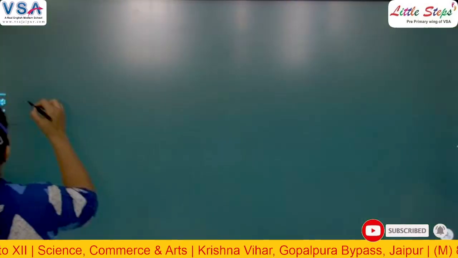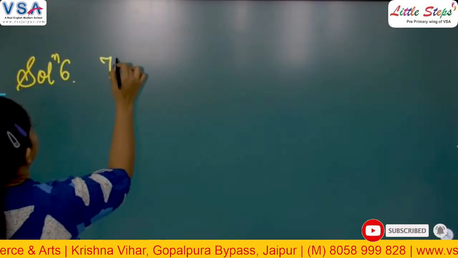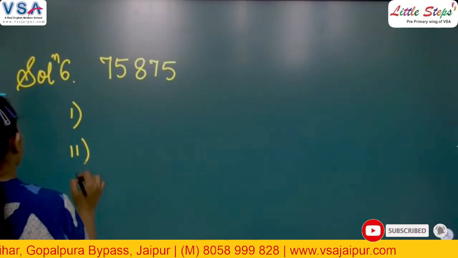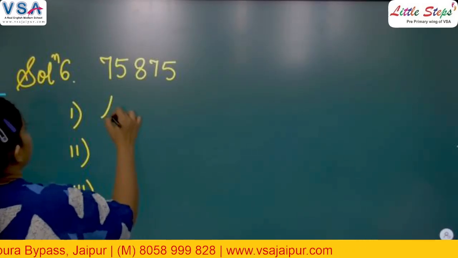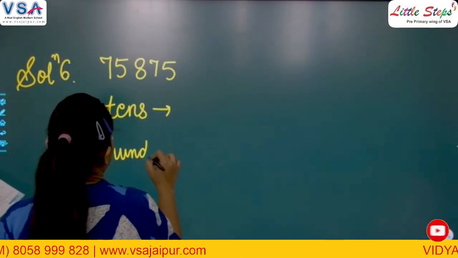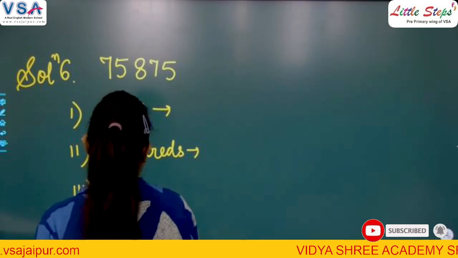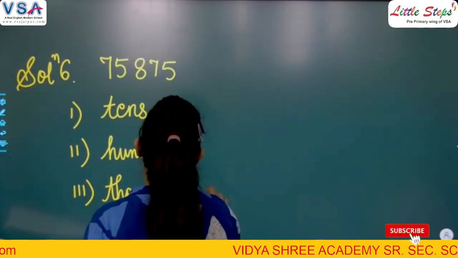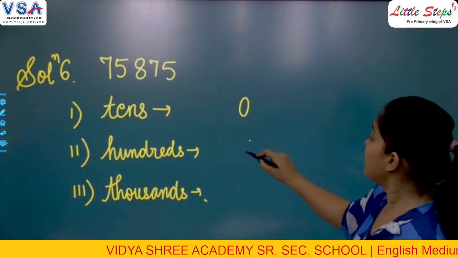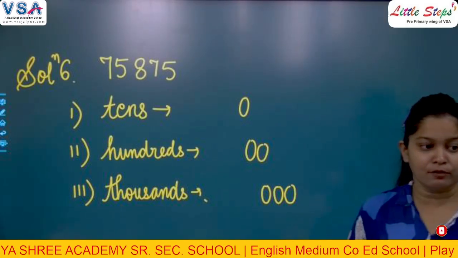Rounding off the number nearest to tens, hundreds, and thousands. You just tell me how many zeros are there in tens, a single zero, and in hundreds, and in thousands. This is the main concept. What do we have to do?